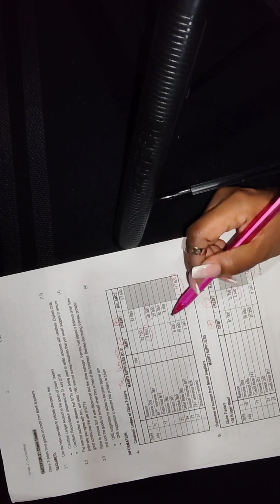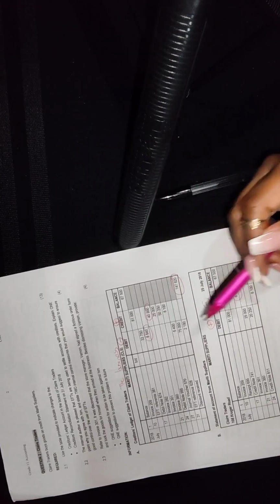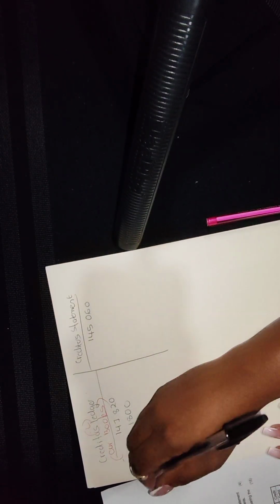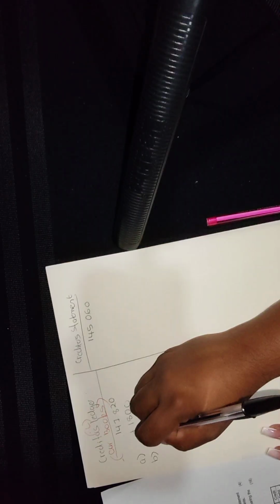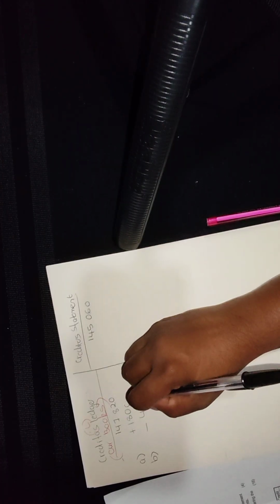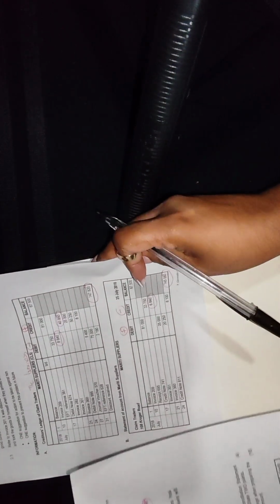Yes, you should add this amount to Genesis suppliers' account, but that is the accountant's job, and today you are only responsible for reconciling these two businesses. So I'm going to say B, and I'm going to minus the amount of 40,950.